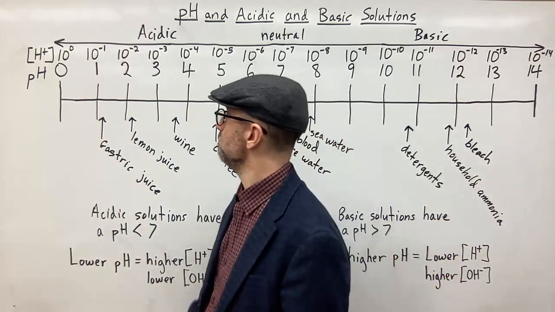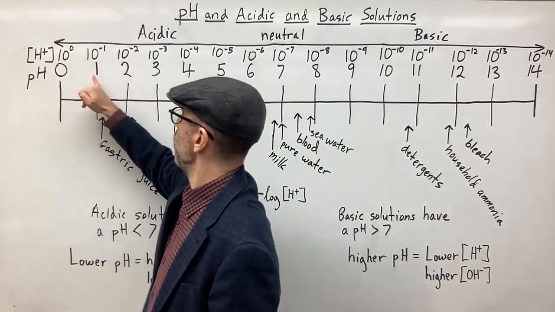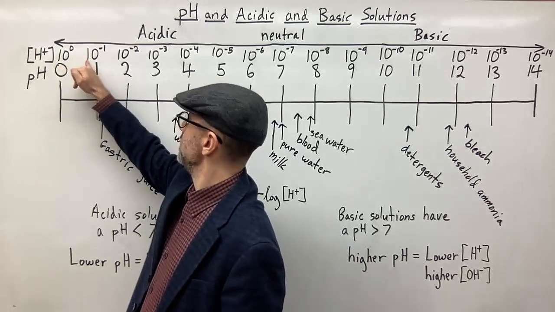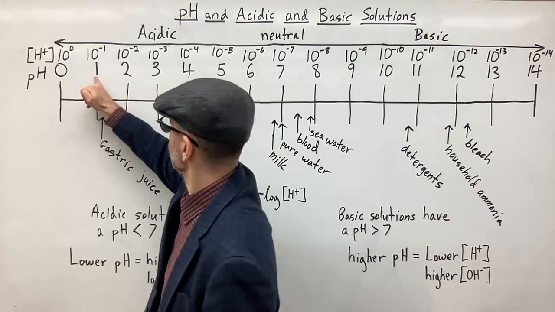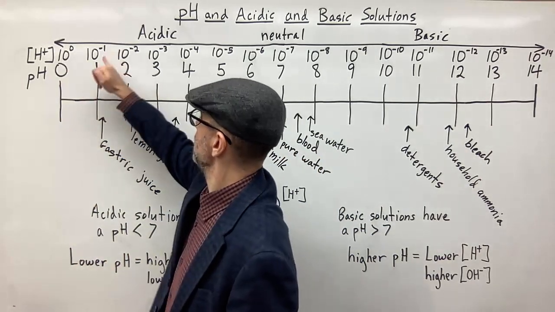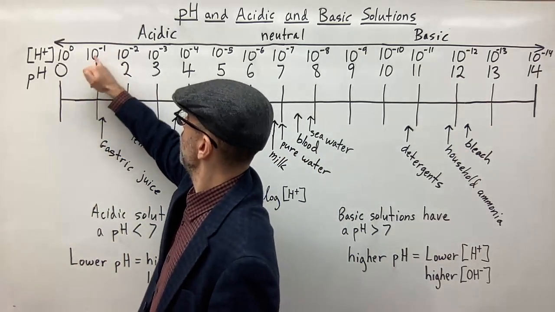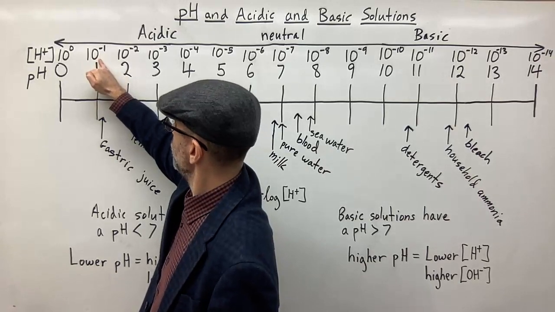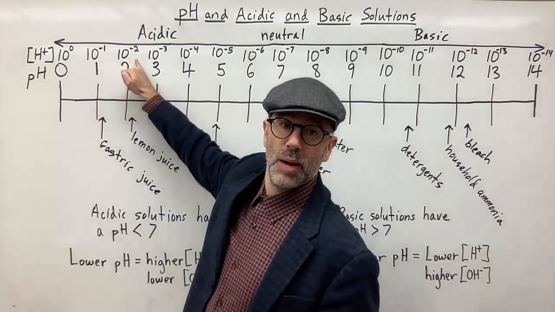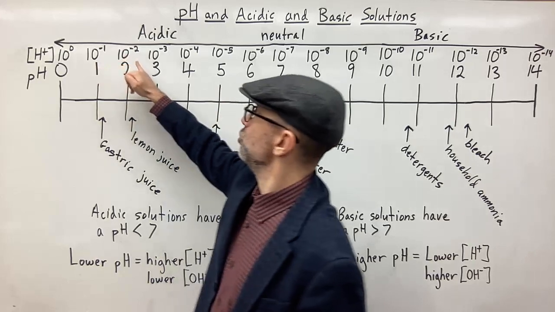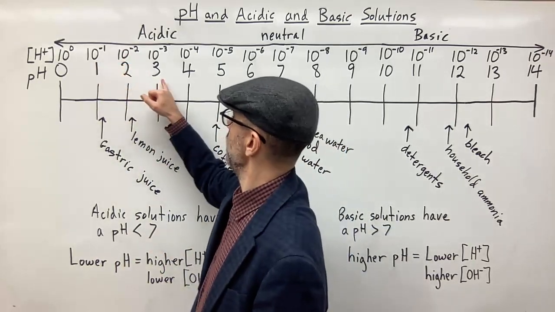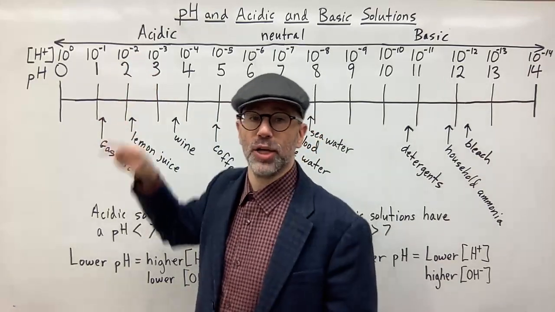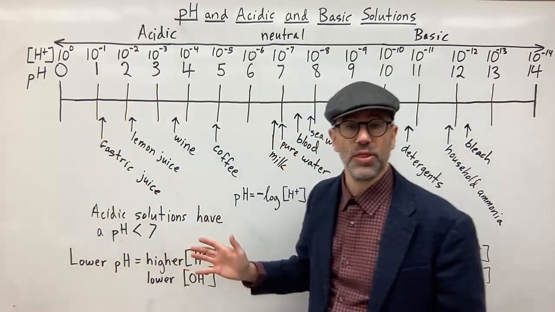So I increase by 1, I decrease by tenfold, by a factor of 10. I increase from 1 to 2, I decrease my concentration from 1/10th to 1/100th. If I go from 2 to 3, then I decrease from 1/100th to 1/1000th, right?